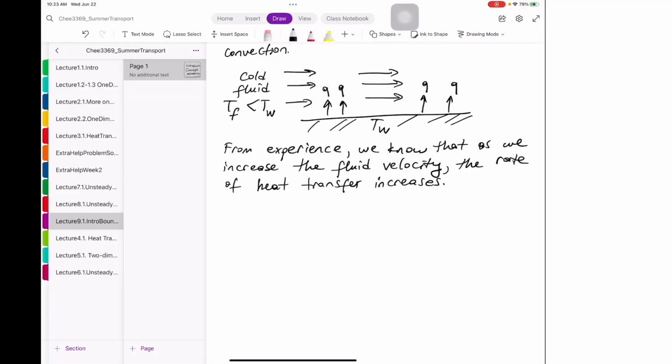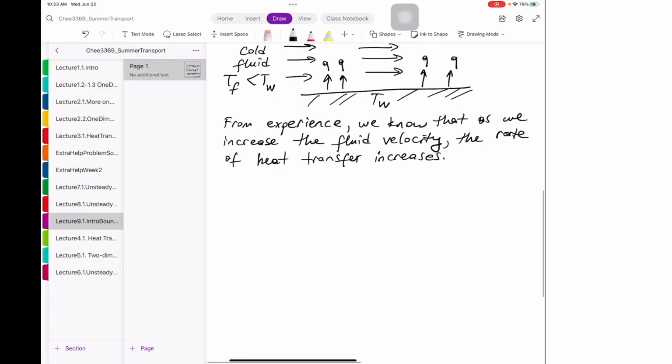The same thing actually happens for the mass transfer as well. Later we are going to see. For example, if you have a wet cloth and you want it to dry faster, you can put it under wind, and under wind it's going to dry faster because the mass transfer is also faster in a windy air.